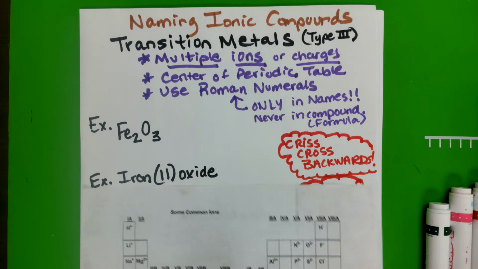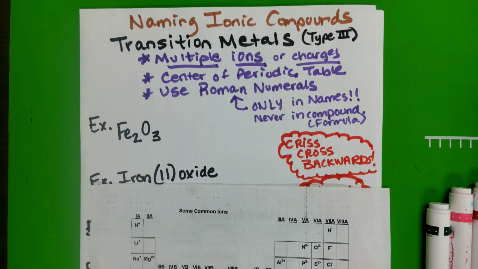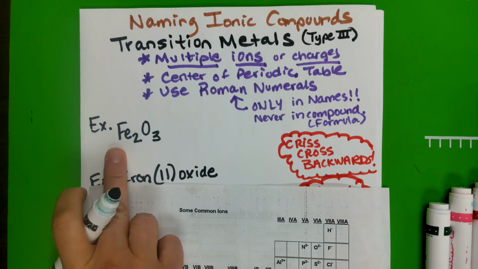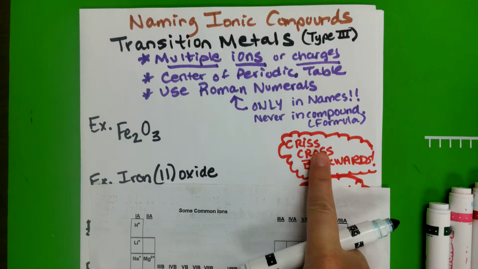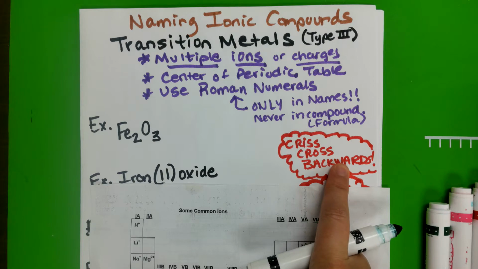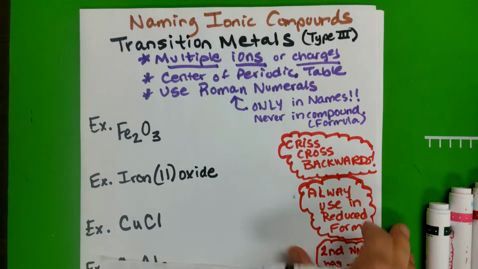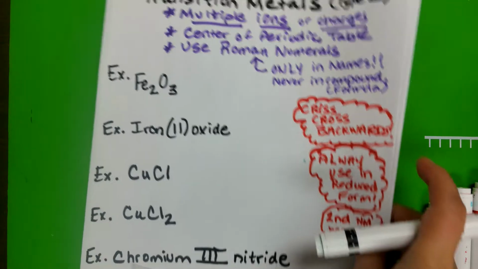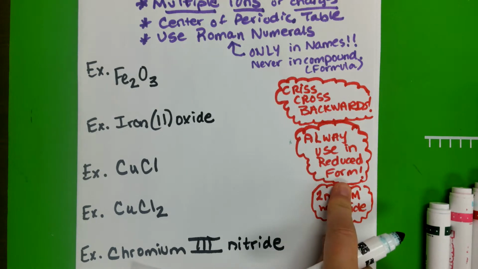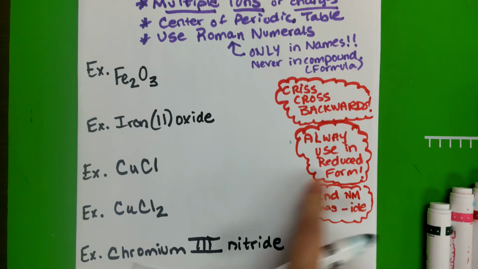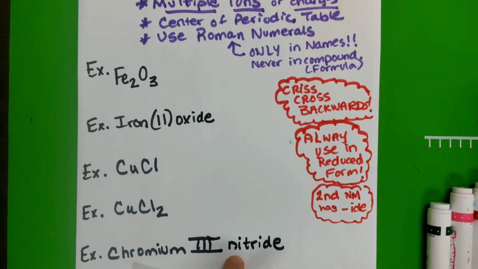Okay, so anyways, let's start with this example. Now we're still using the crisscross, but sometimes here we have to think about it backwards. Also, don't forget that we always use it in reduced form. We're going to reduce it to the lowest terms.